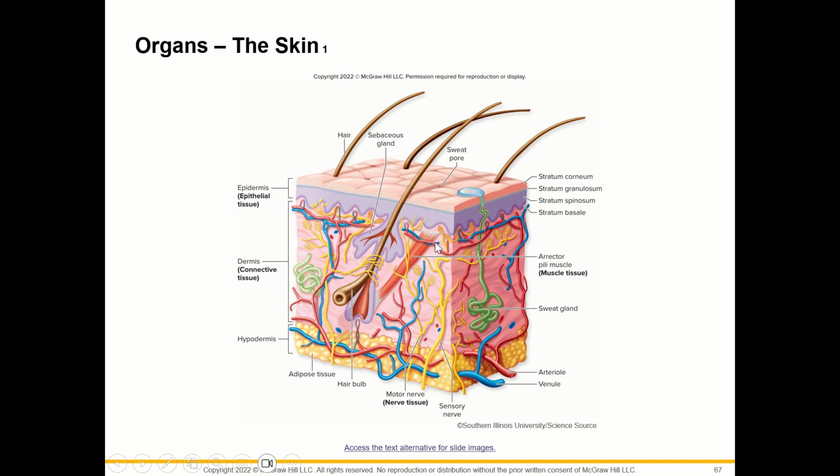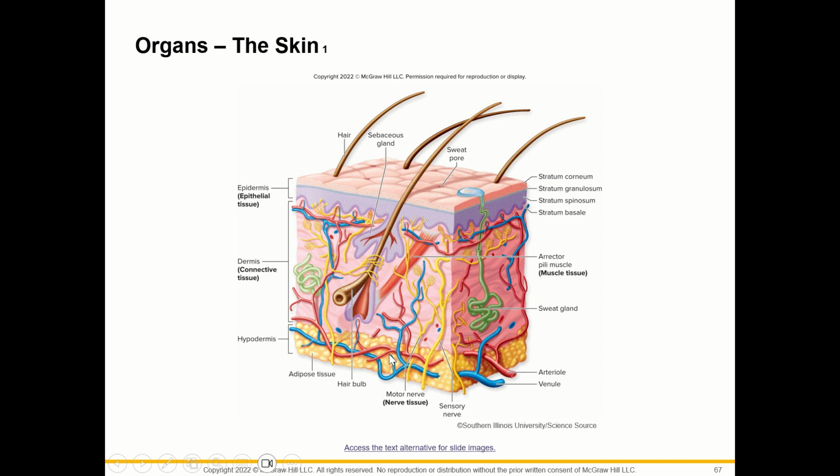And then you can see the dermis has the papillary layer, which is squiggly looking. Papilla means nipple. And that's going to be areolar connective tissue, which is the connective tissue of the papillary layer, and then the dense irregular connective tissue will make up the rest of the dermis as part of the reticular layer.